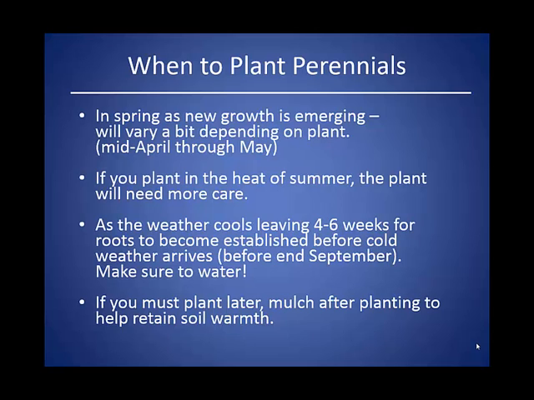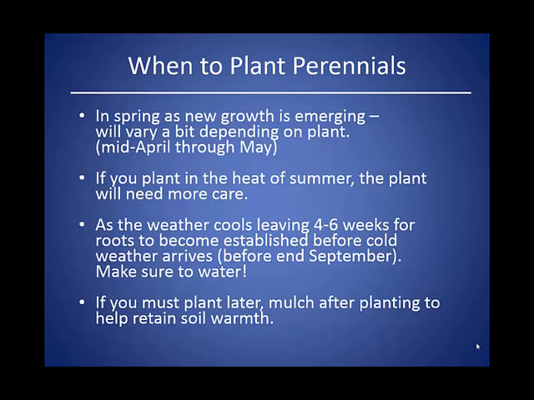And by mid-May, by the end of April, the likelihood of a freeze is pretty low. You can move things and plant things at other times of the year. Basically, containerized plants can be planted any time of the year. But if you do, it's going to be more stressful for them, so you're going to have to pay more attention to them, make sure they're getting adequate water, that kind of thing.